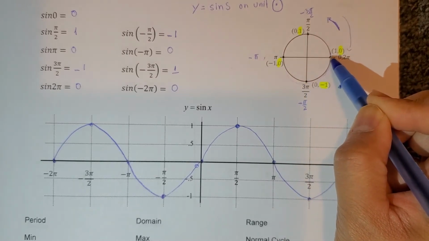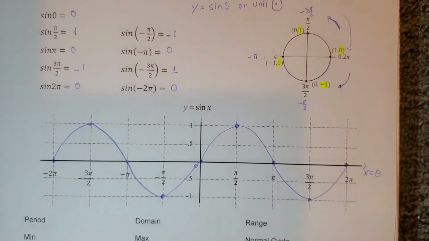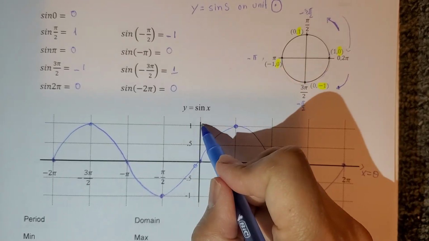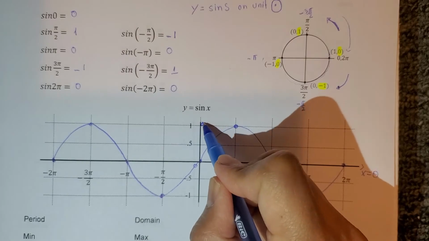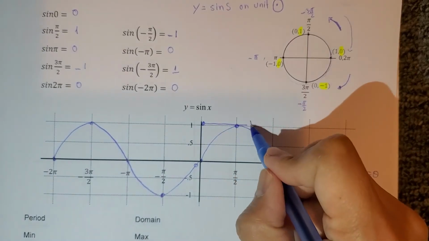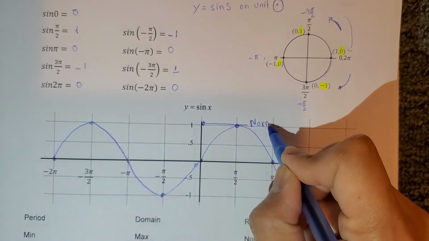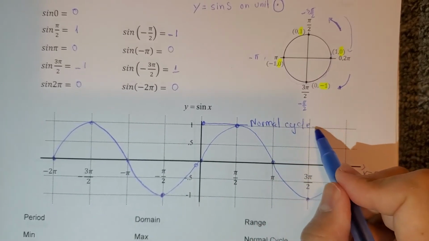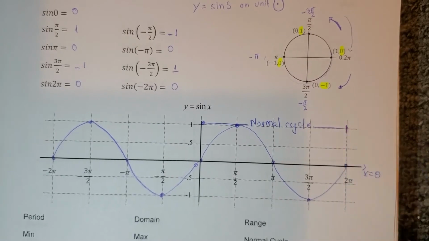That is one revolution, and this is also called the normal cycle for sine. The normal cycle for sine starts from 0 and ends at 2 pi.